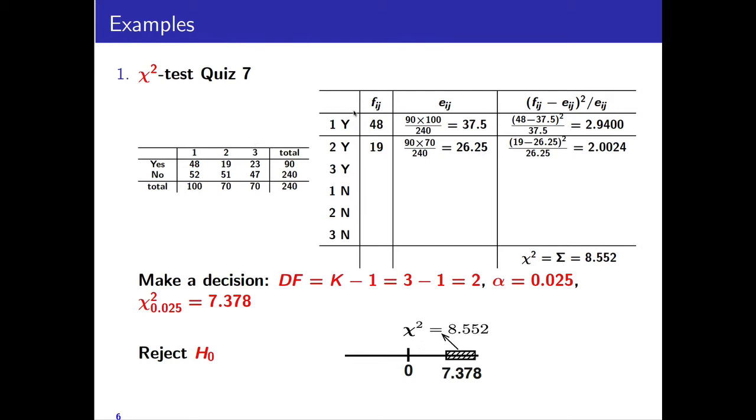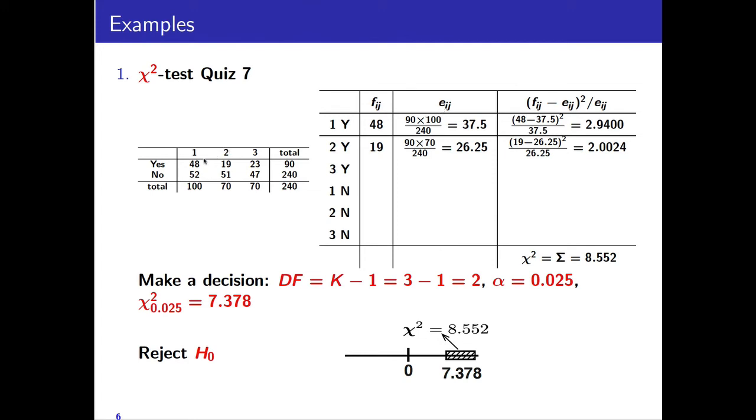We set up this table to find the test statistic chi-square. So you have this Fij, which is the observed frequency or the given frequency. So you have 48, 19, 23, 52, 51, 47. And that's your Fij. And Eij is the expected frequency.